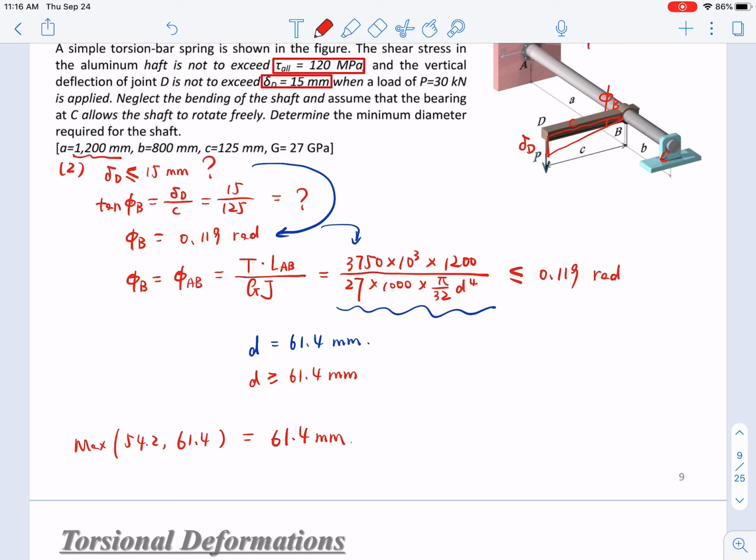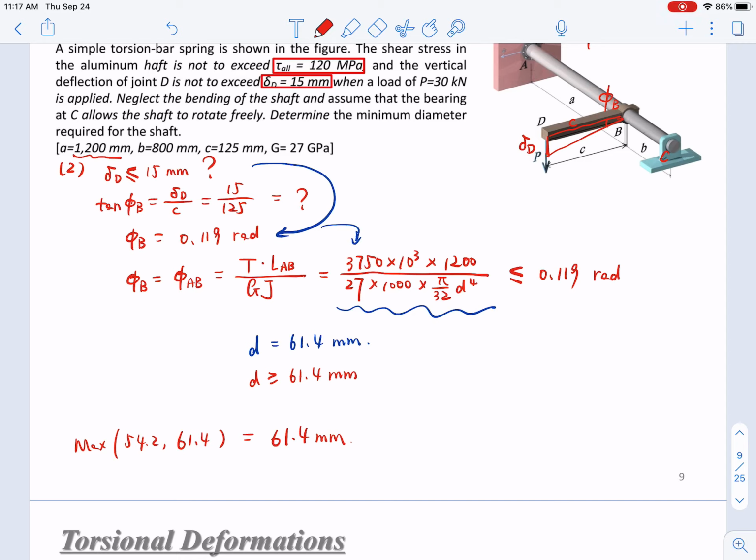So the design report should say that to make sure this thing is safe and meeting both of these 2 criteria, you have to make sure that the diameter of the shaft is not smaller than 61.4 millimeter. Okay, so this is a professional engineer's report, designer report.